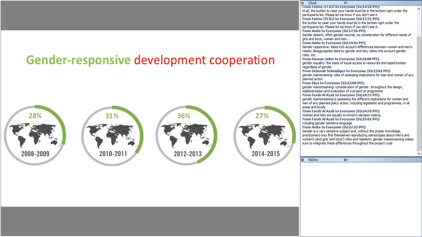So marker 1 and marker 2 are development cooperation projects that are gender absent. They just assume that women and men will be able to participate equally, that their problems will be addressed equally, and that they'll benefit equally from the project. So they're gender absent. And marker 3 and 4 are what we call gender responsive projects.